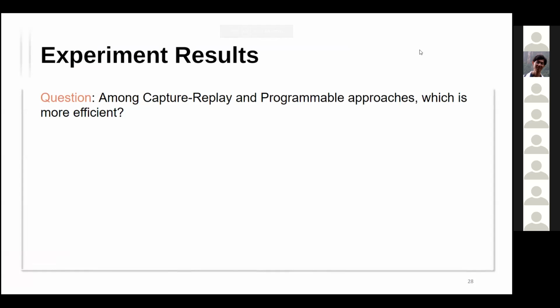So I think I would consider programmable to be more efficient because after you set up the test suite, the fixing takes less time. So the initial cost of setting it up becomes amortized against all the releases. That's correct.